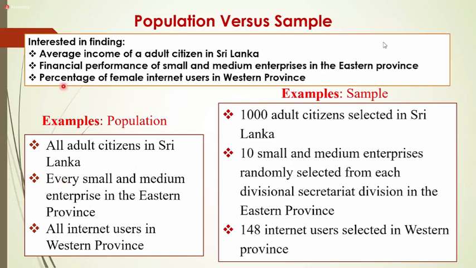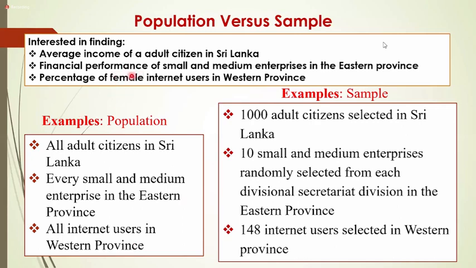Then our third interest of study: the percentage of female internet users in the Western Province. Then how do we define our population? All internet users in the Western Province. We want to calculate only the female percentage.